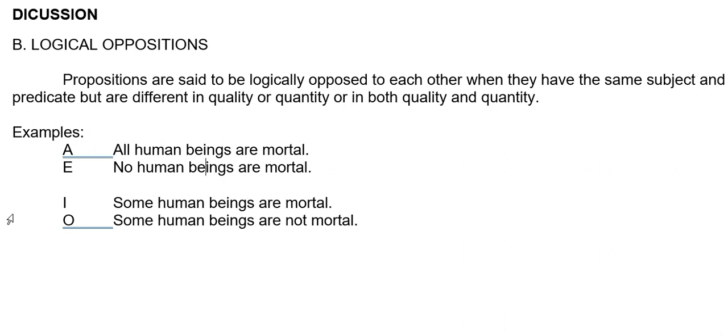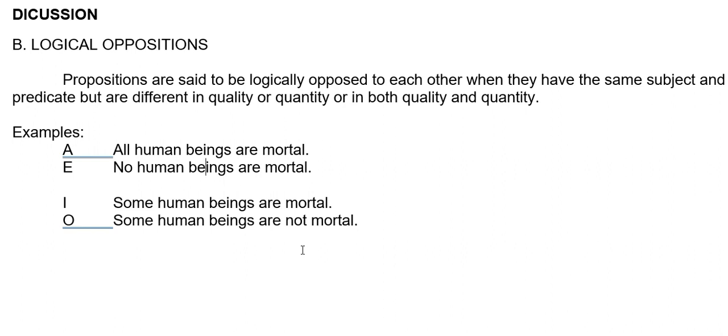Next, some human beings are mortal. Some human beings are not mortal. There is also an opposition between these two propositions because they have the same subject and predicate, but they differ in quality. Both are particular, but in the I proposition, there is an agreement between the subject and the predicate, but in the next proposition, the O proposition, there is a denial between the subject and the predicate.